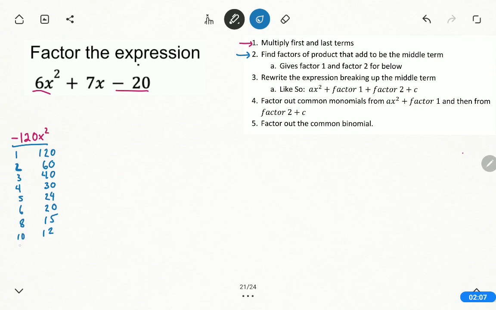And then 11 doesn't, and then 12 repeats. Okay, so we have our list.